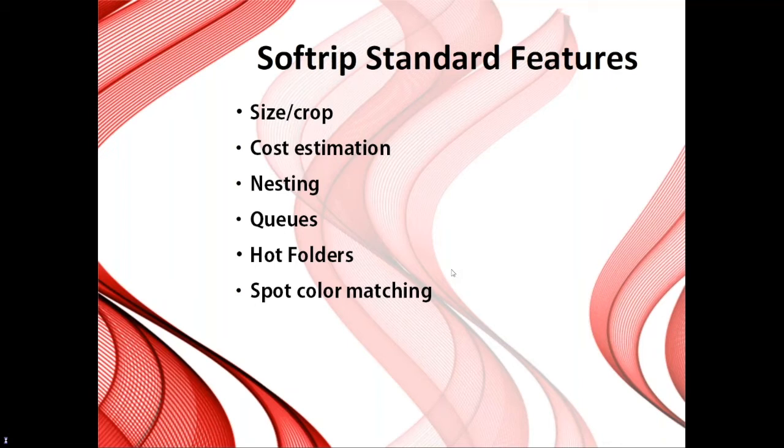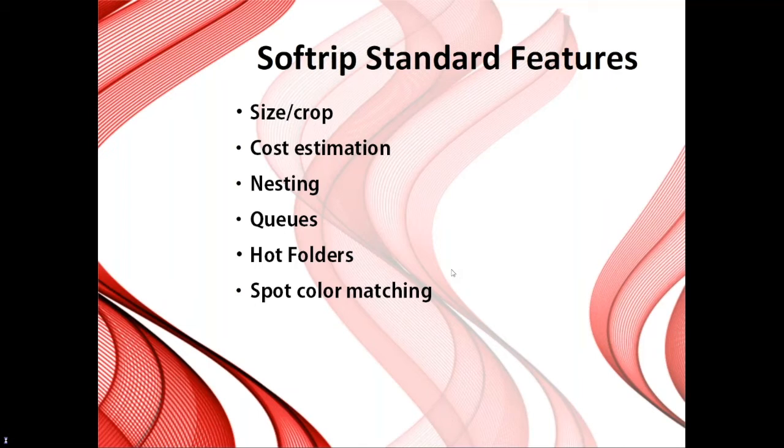So some of the common standard features that are included with pretty much any copy of SoftRip is sizing and cropping, getting the file size just right if it wasn't already done in something like Illustrator or Photoshop. Okay. We have a cost estimator tool that helps you analyze and estimate the amount of ink and media and associated costs that would be used for a particular job.